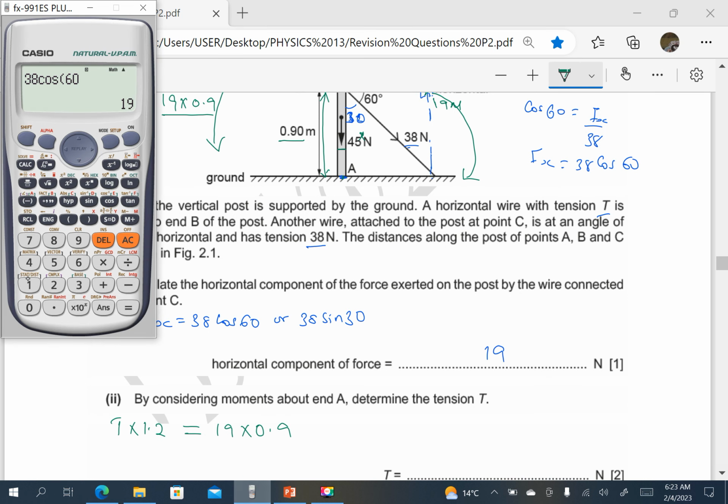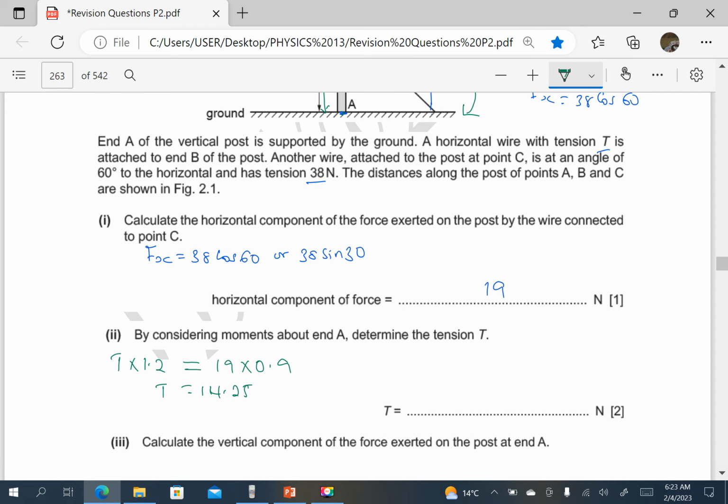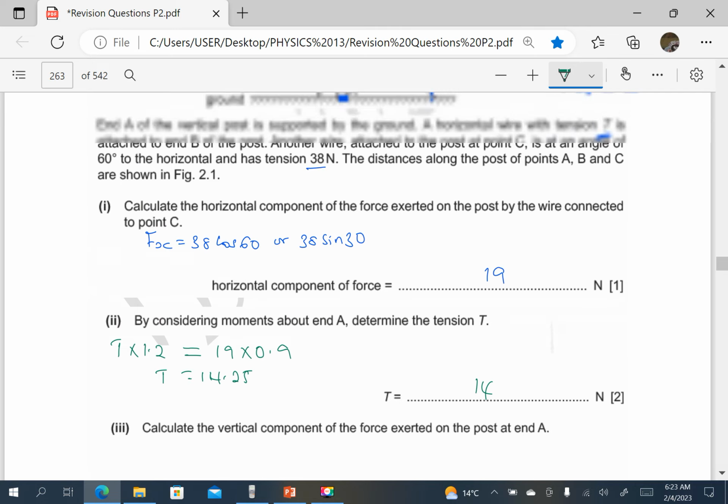So from the calculator, we have 19 times 0.9 divided by 1.2, and this gives us 14.25. So T is 14.25, which is approximately 14 newtons. Calculate the vertical component of the force exerted on the post at end A.